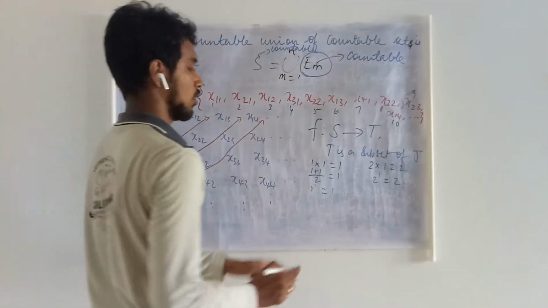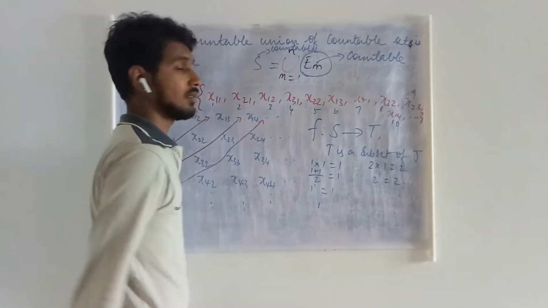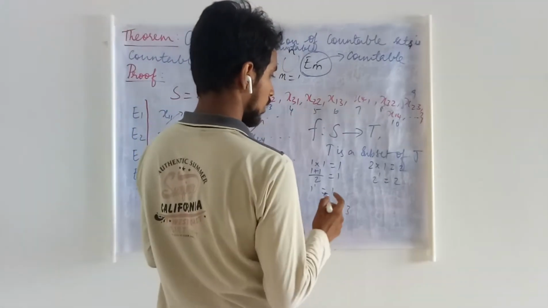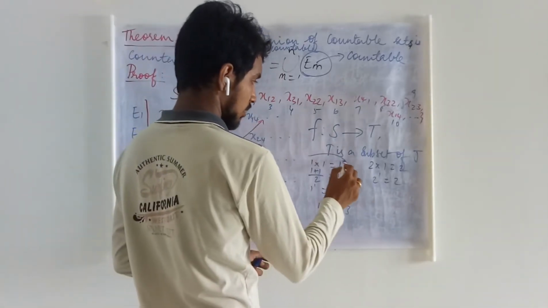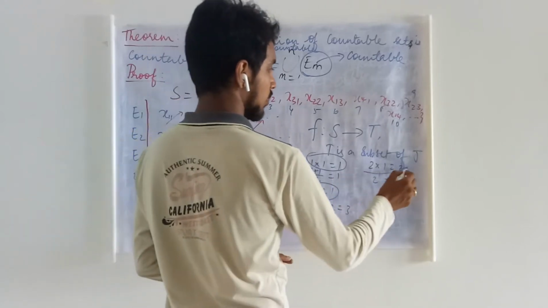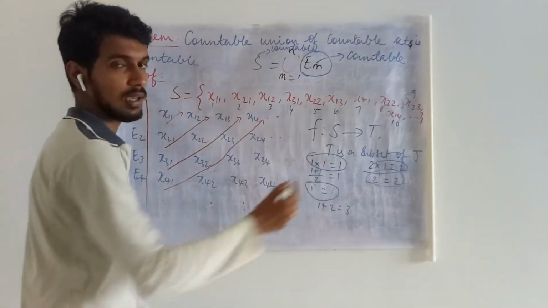Come to this 1, 2. With the help of 1 and 2, I have to bring 3. If I add 1 plus 2, that is 3. But this and this were common in the first two cases, whereas in the third, it is not working.